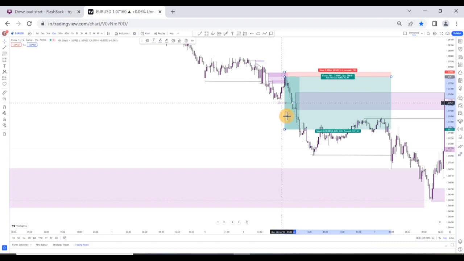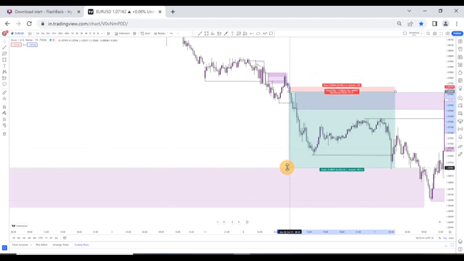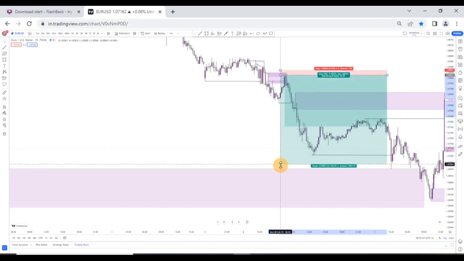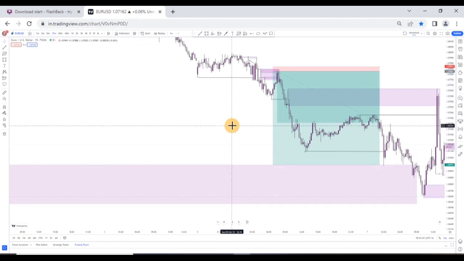So I had my break even here and took partials when I had a 1 to 10. I took like 70% of my volume, then I allowed the rest of the trade to run down toward that nice daily demand. And yeah, that was how I was able to have this nice trade.